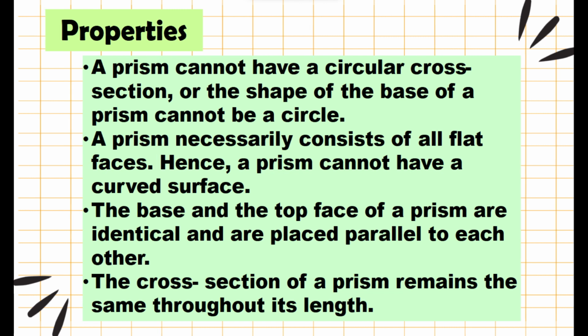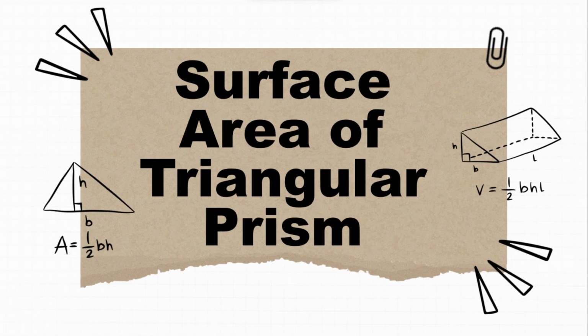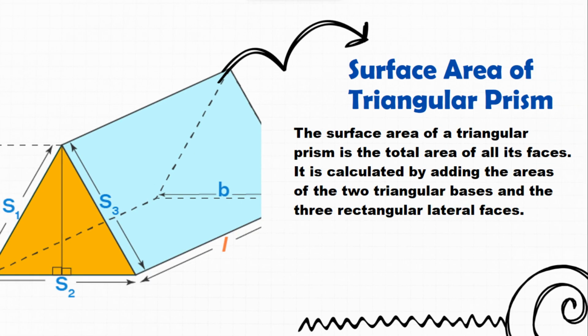At this moment, let us now define the surface area of a triangular prism. The surface area of a triangular prism is the total area of all its faces. It is calculated by adding the areas of the 2 triangular bases and the 3 rectangular lateral faces.